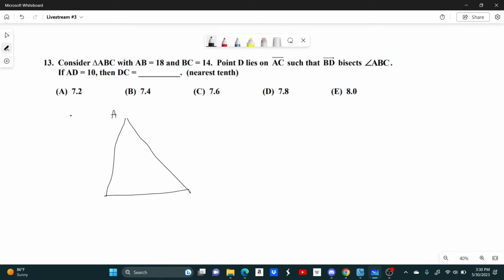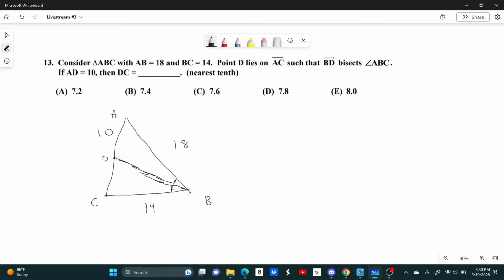All right, so we got ABC, with AB equals 18 and BC equals 14, point D lies on AC such that it bisects this angle. So that and that are going to be equivalent. It tells us that AD equals 10, and so we need to find DC.